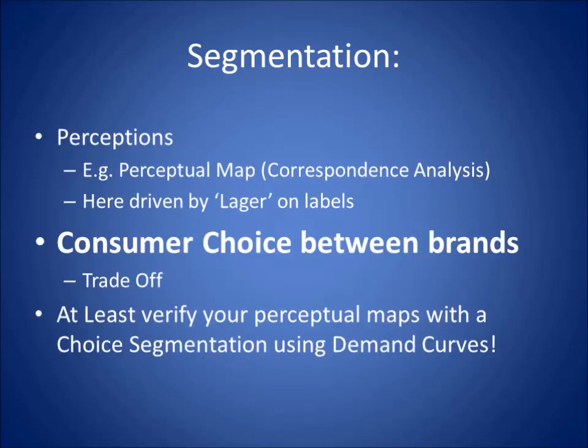Now, I did this with 90 respondents in an online survey, and what I did afterwards was actually verify in the news reports that the way that SA Breweries sees this market is more similar to my consumer choice model than to the perceptual map that I derived.